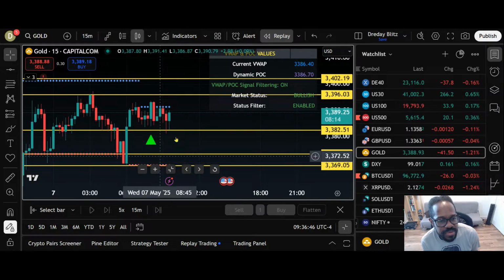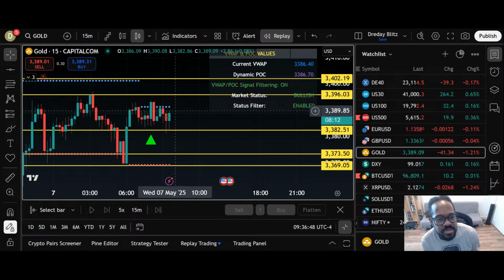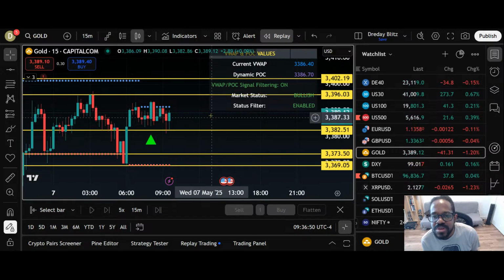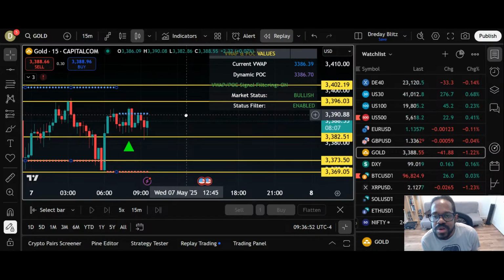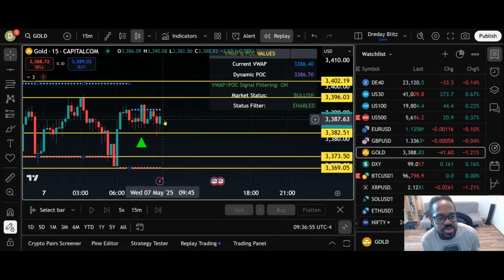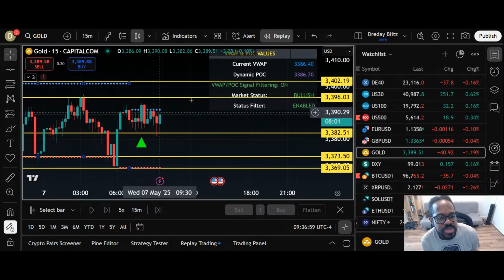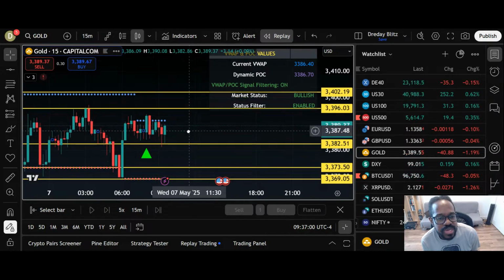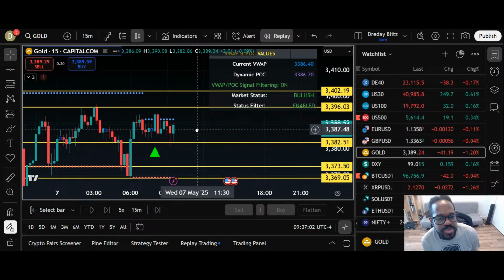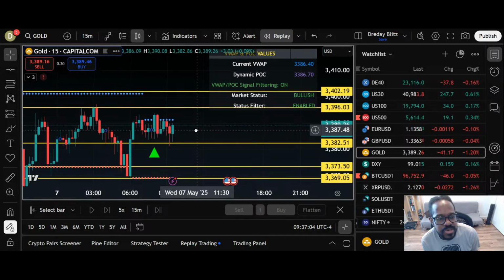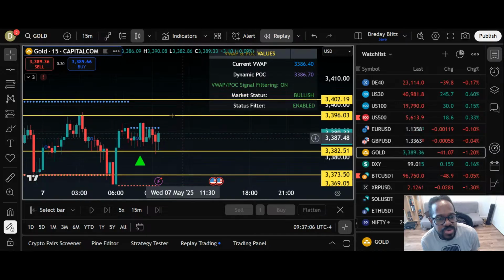Those two levels, the last swing is still valid, but you just have to be careful here. It just switched to bullish. Before it was bearish. Now it's bullish, so we have a confirmation here that the price seems to be going on the upside. And those are the levels here for a TP.